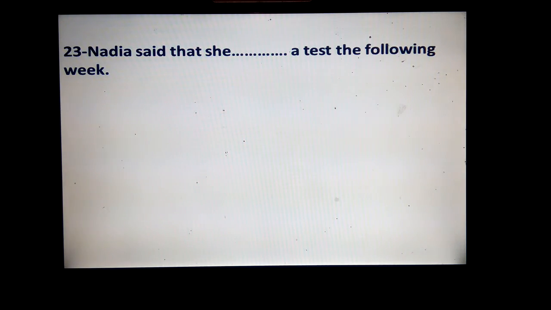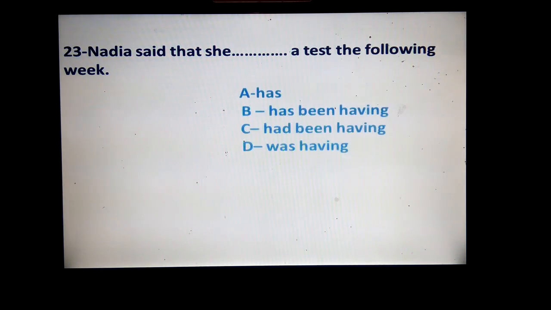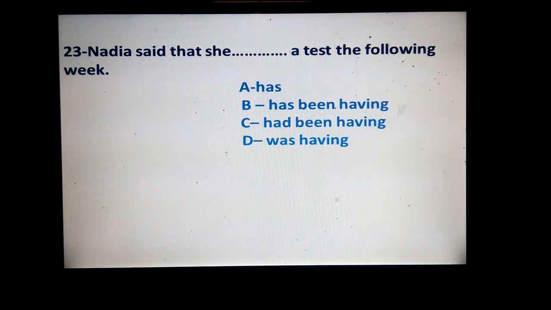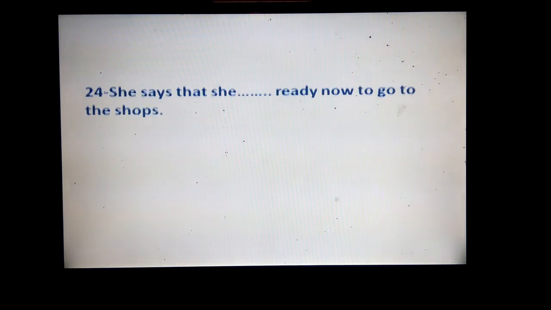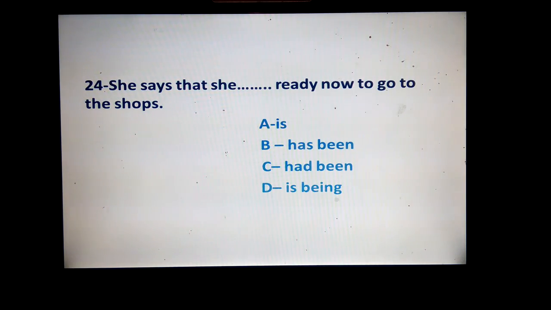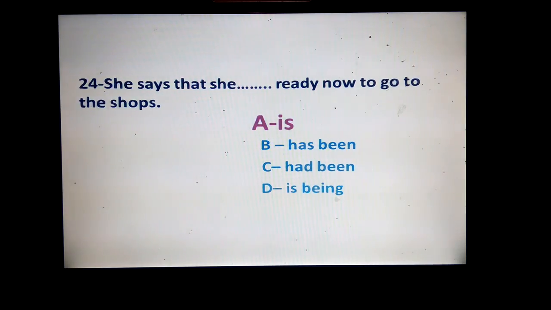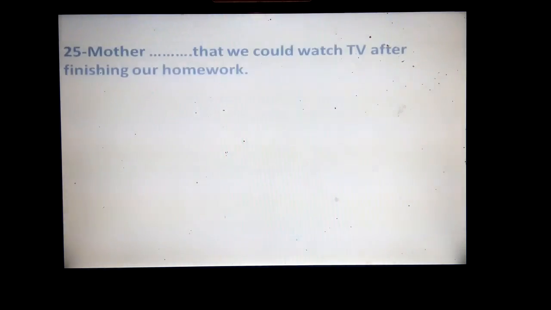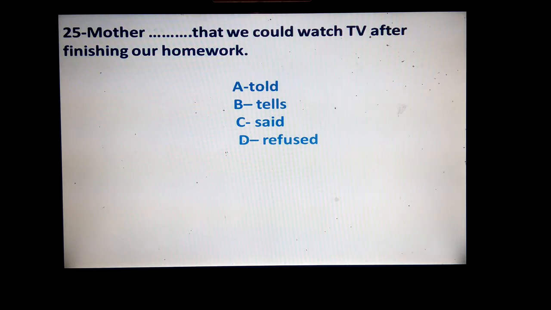Nadia said that she blank a test the following week. She says that she blank ready now to go to the shops. Mother blank that we could watch TV after finishing our homework.